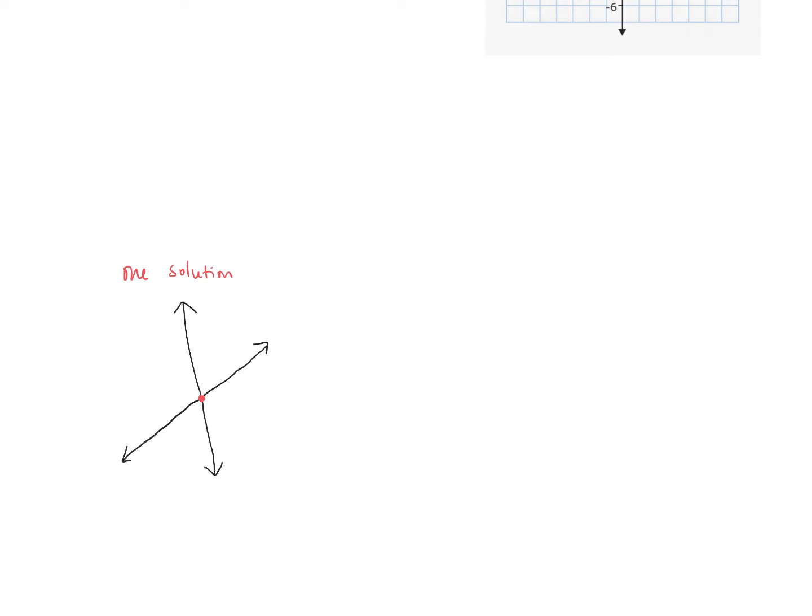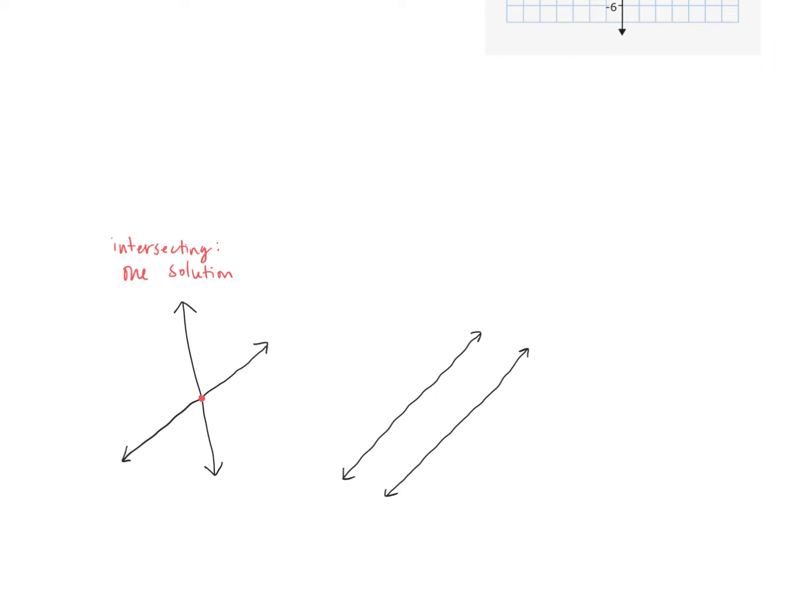Another way two linear equations in two variables could interact is that, if you remember, your lines could be parallel. So the first example was intersecting lines, and you ended up with one solution. Well, what point on these lines will satisfy both of the lines? If they never intersect, they have no point in common.